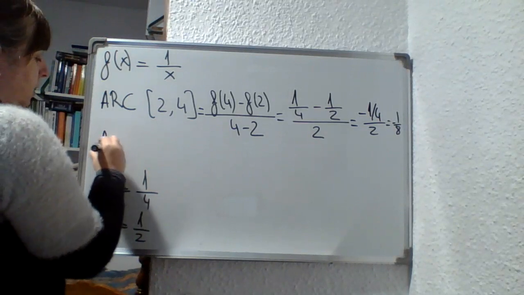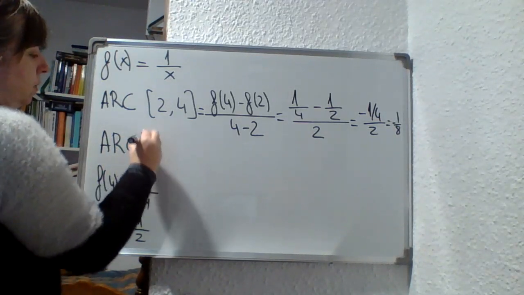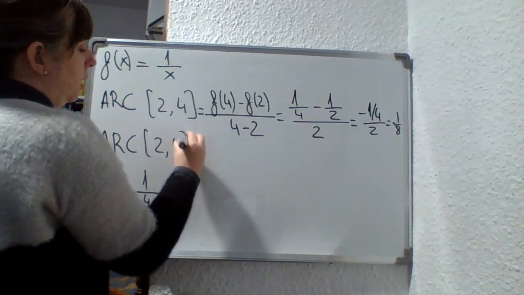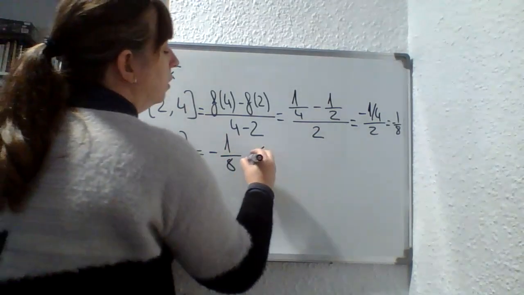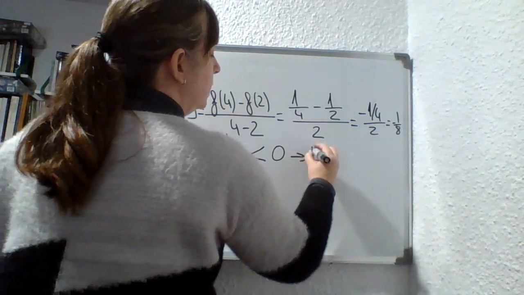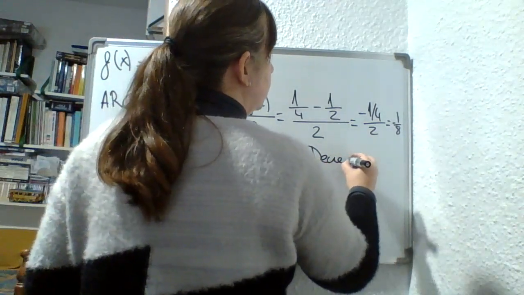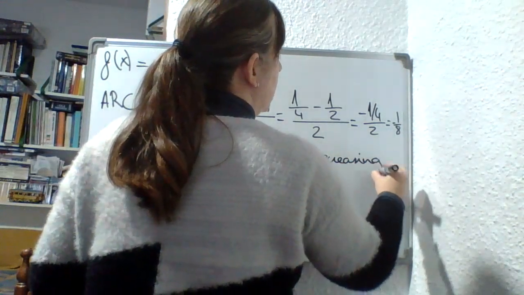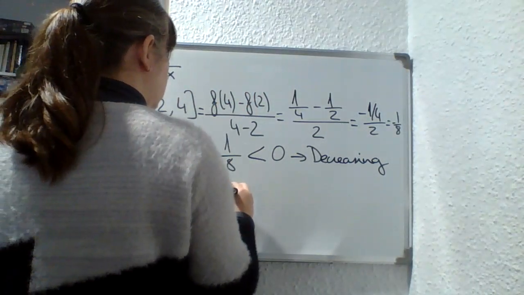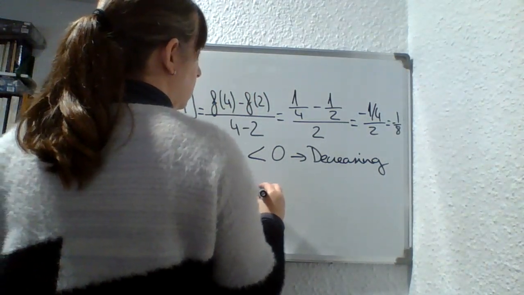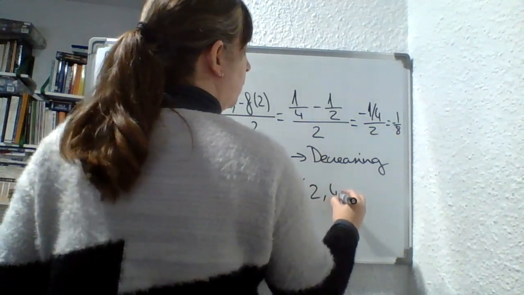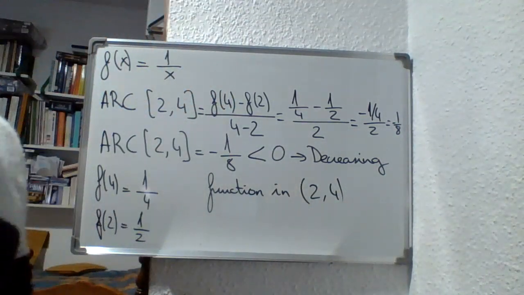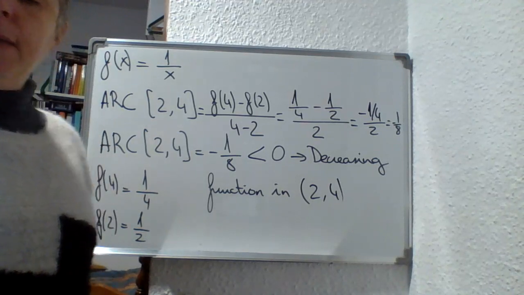So the average rate of change between 2 and 4 is minus 1/8. So it is negative, it is a decreasing function in the interval 2, 4. Okay?